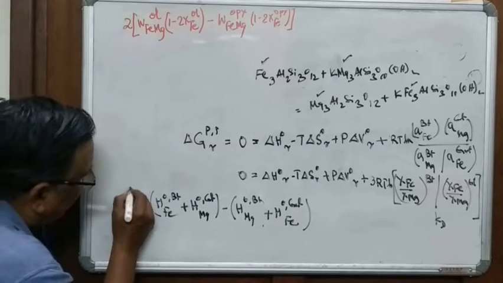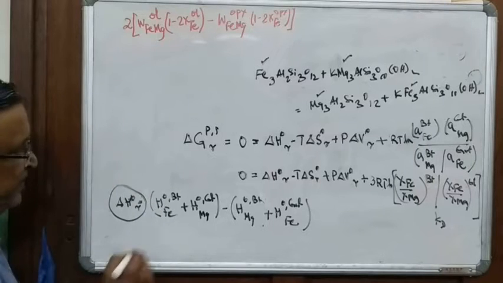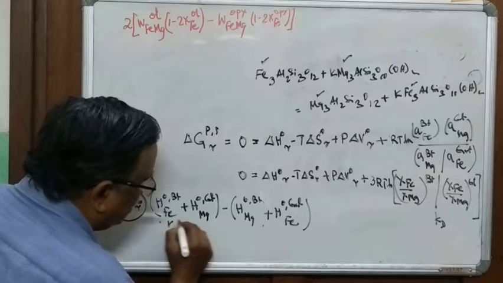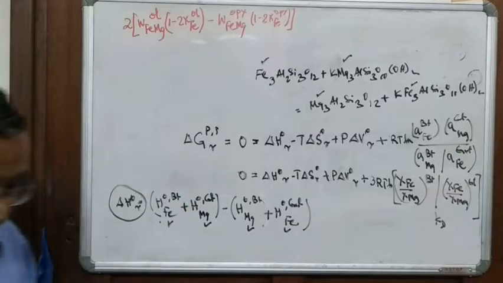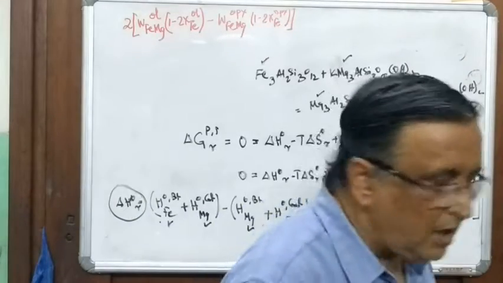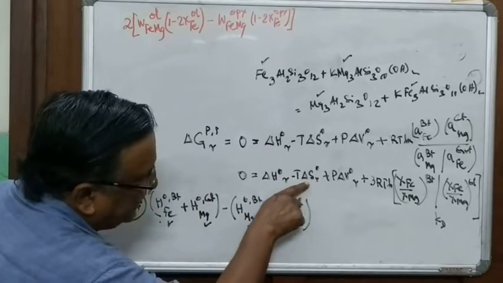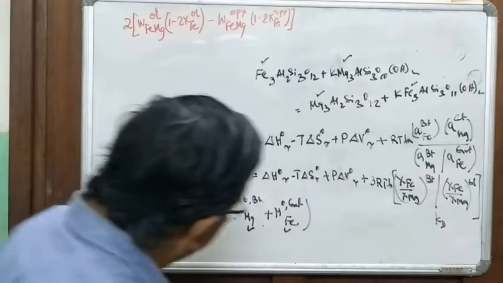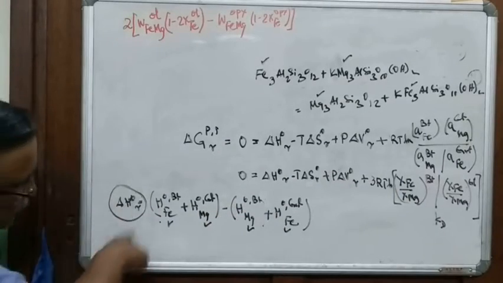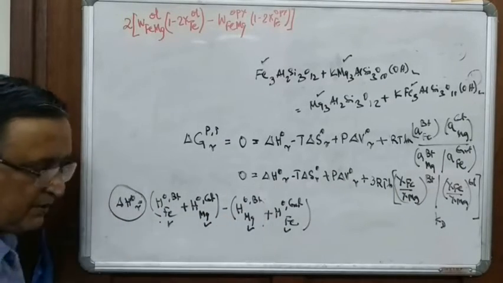So in order to find out delta H0, you need each of these terms. Similarly, if you want to find out delta S0R, you have to do the same thing for entropy. You have to know each and every phase compound.